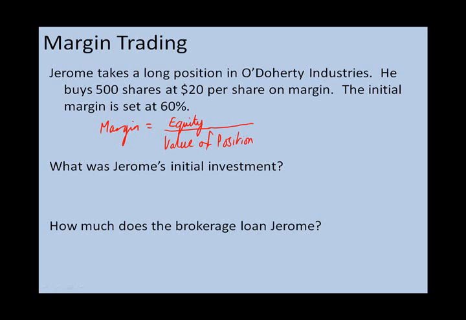Well, the first thing we need to do is calculate the value of the position. And Jerome took a position of 500 shares at $20 per share. So the value of the original position taken by Jerome was $10,000.